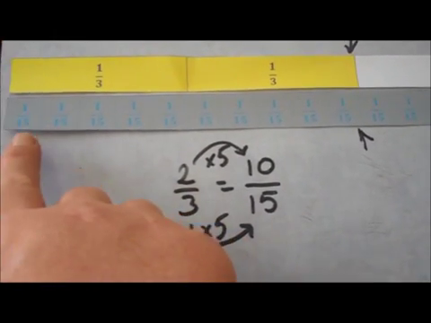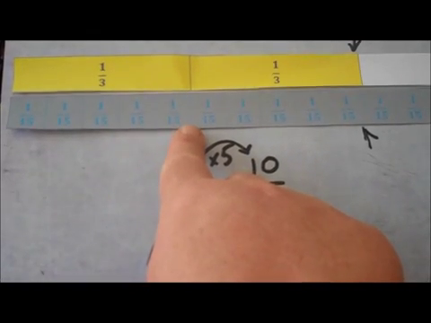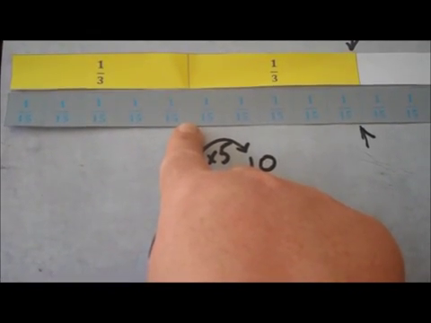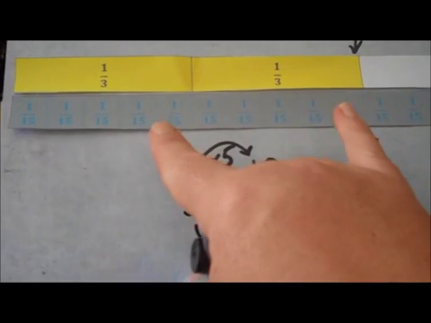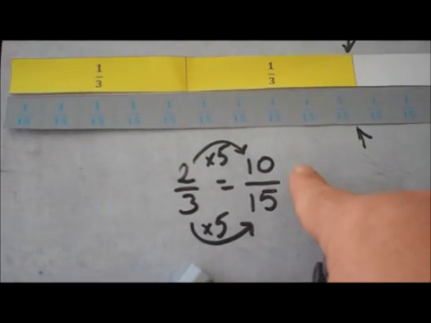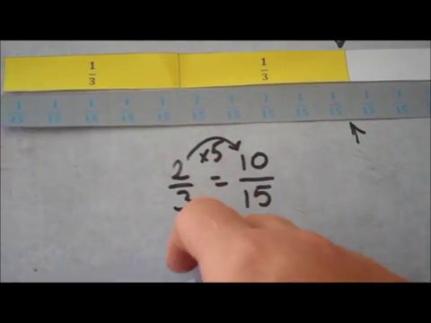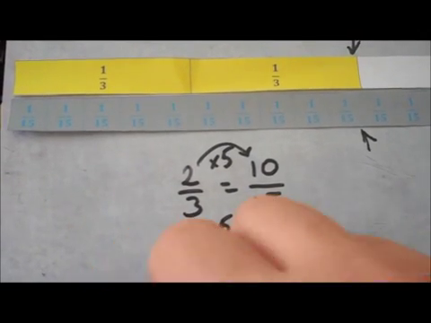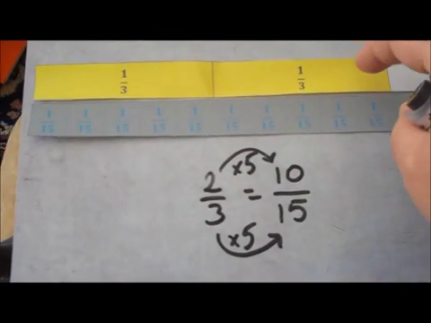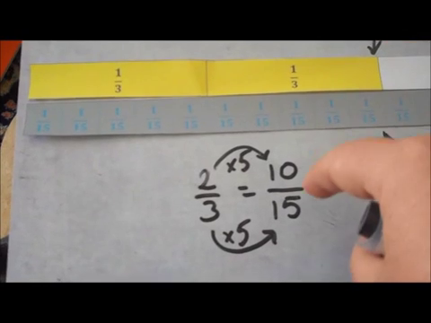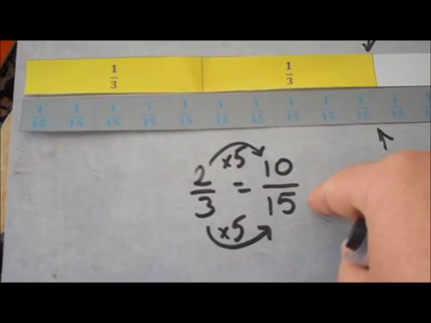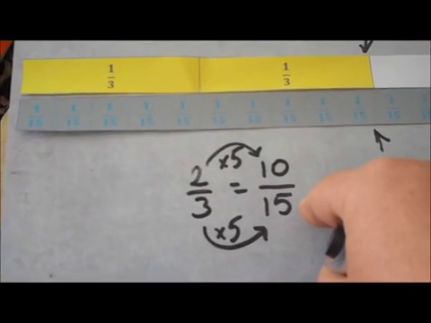So here I've made a third into 5 15ths and another third into another 5 15ths, or 10 15ths. That's how you actually work out equivalent fractions. So this is the visual, and this is what's actually happening with the maths when I write it down as an equation.